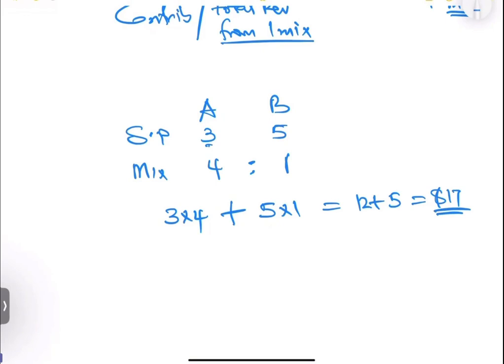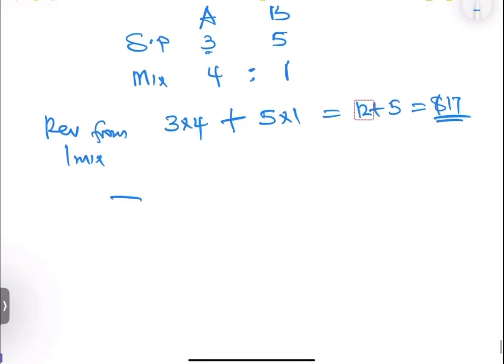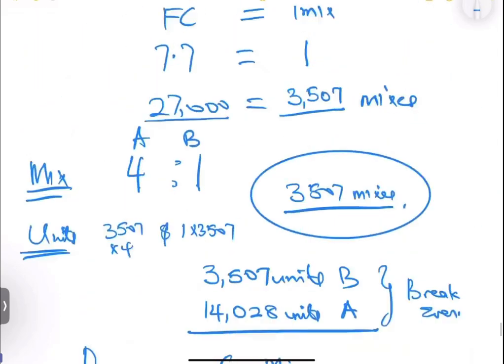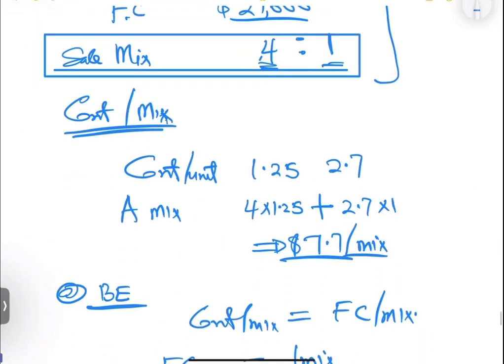$17. And if that is your revenue from one mix, you need a ratio that is called contribution per sale mix. And you already have your contribution from a mix. Your contribution from a mix is 7.7 here.